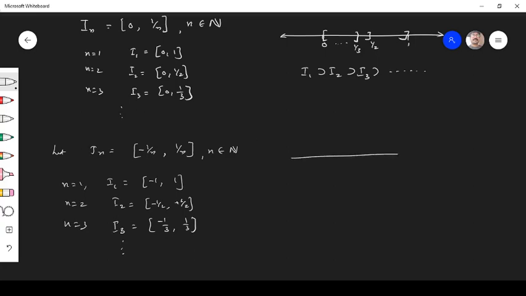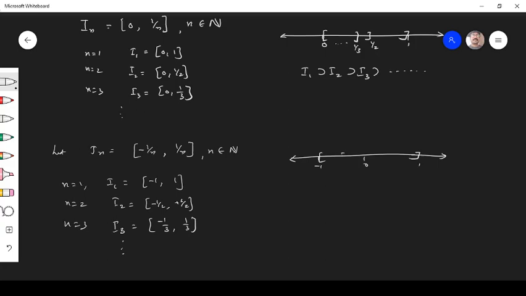When you mark on the real line, let us see what these intervals are. This is 0, this is -1, this is +1. The first interval I1 is [-1, 1].